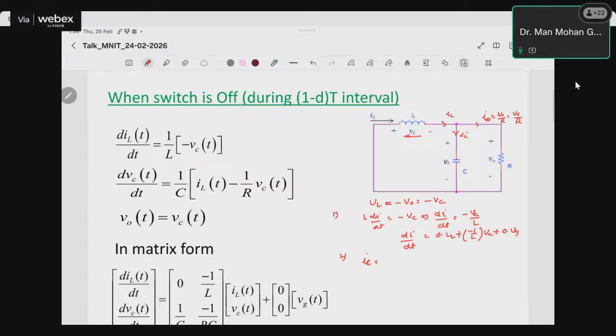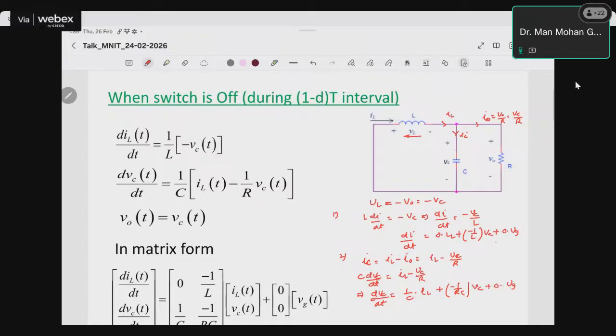So this is Vc upon R. So IC is equal to IL minus Vc upon R. So this is C dVc/dt, which is equal to IL minus Vc upon R. From here dVc/dt equals 1 upon C into IL plus minus 1 upon RC into Vc plus 0 into Vg.